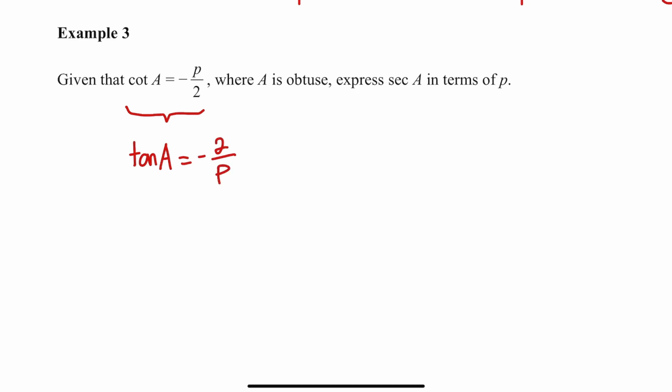Since I know that A is obtuse as well, this tells us that A lies in the second quadrant.